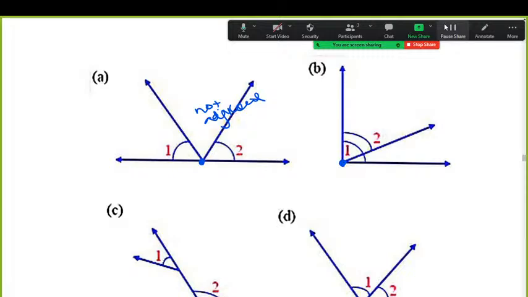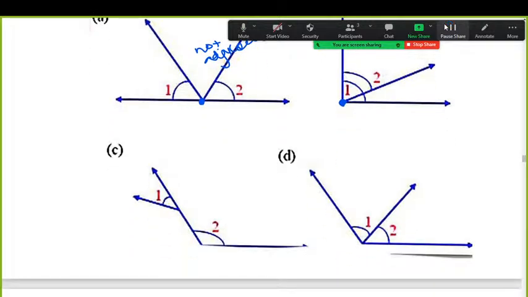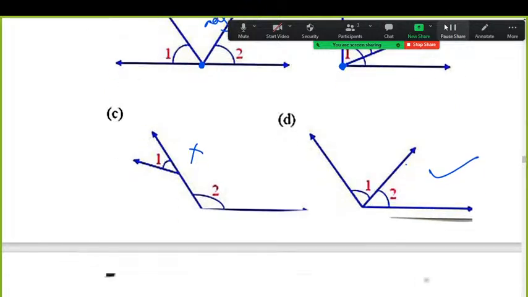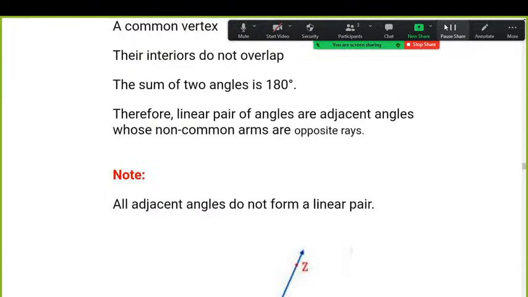This is also a thing. That means they are not adjacent. Okay. Do you think they are adjacent? C part. Well, no. They are also not adjacent. 1 and 2 here last. Yes. They are. Got it? Okay.